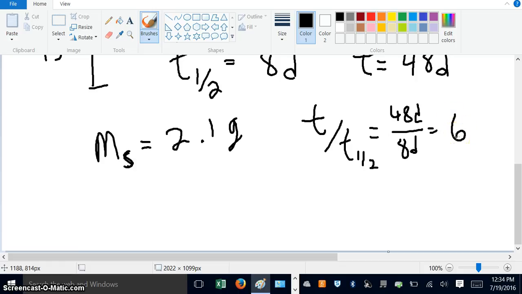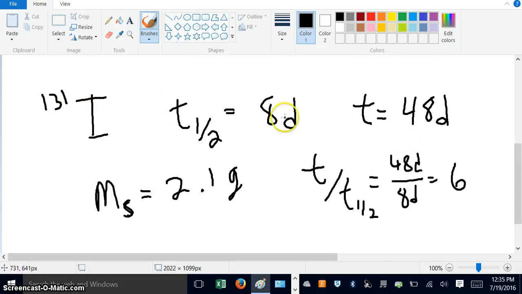It doesn't always have to be a whole number. In other words, another way of looking at this is 6 half-lives have gone by. So a half-life you can just think of as a unit of time. In the case of iodine 131, the half-life is 8 days, and so 6 half-lives have gone by to reach a time of 48 days.